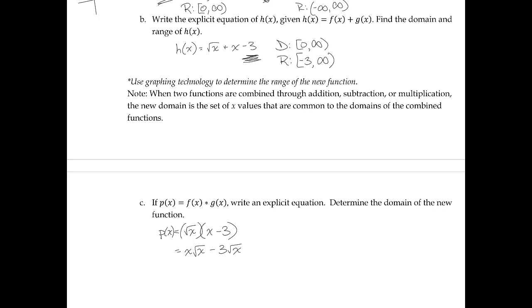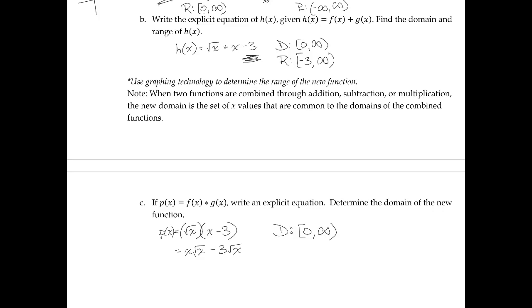It's another way of thinking about it. We still have the restriction where under the square root sign, we cannot have a negative number. So we still have to start at 0 and go to infinity.